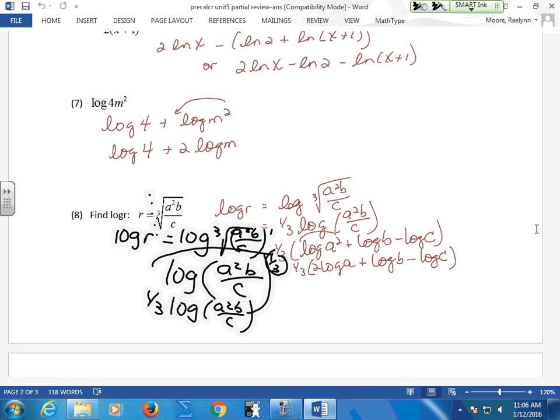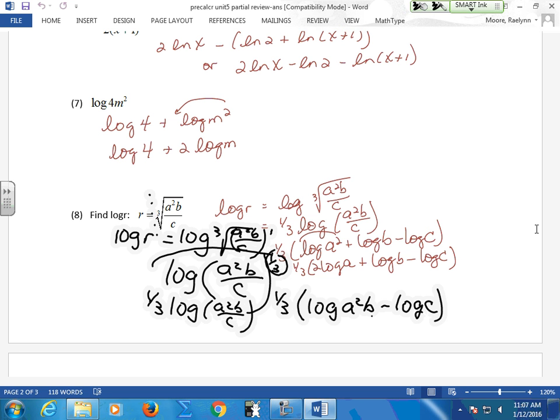It's going to be 1/3 times everything. So we're going to just leave our 1/3 out here. So subtract. Do your division first. Okay, and then work from within. Keep your 1/3 out here.